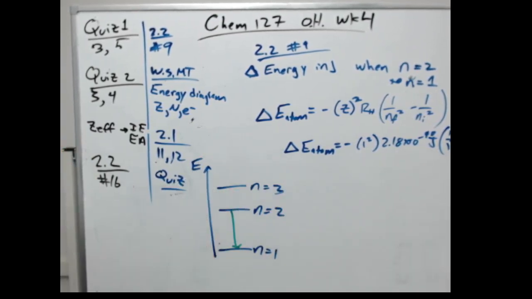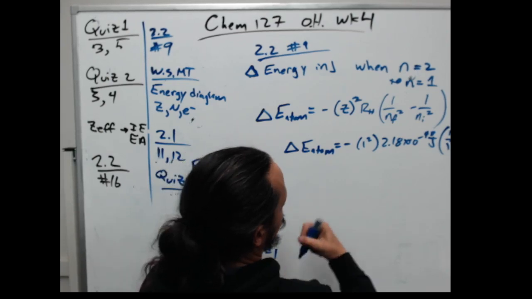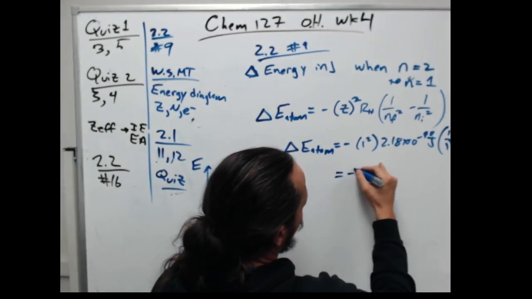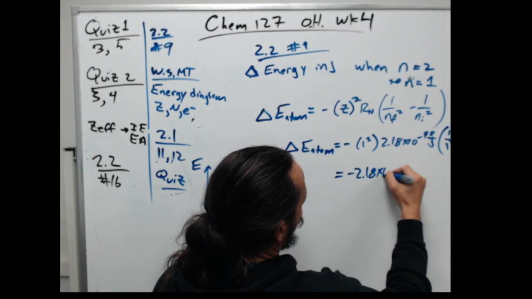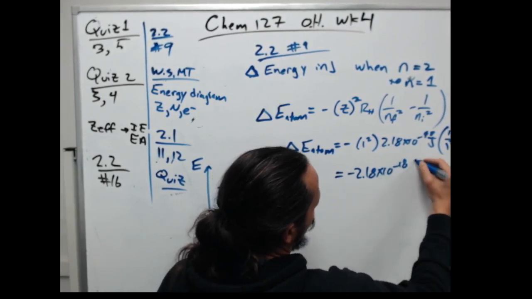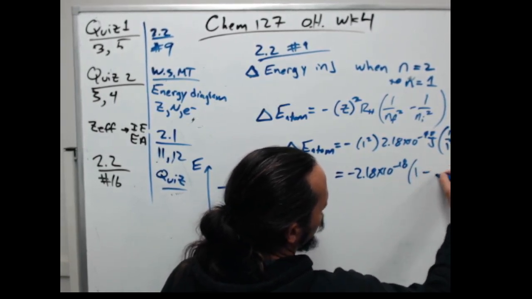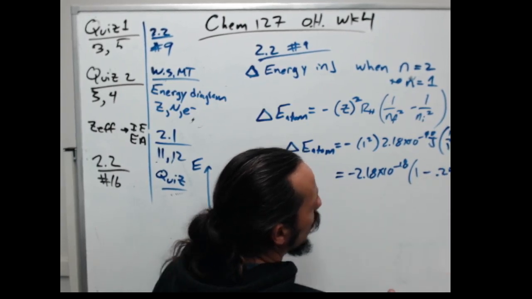Okay, so our change in energy of the atom is equal to -1 squared times 2.18 times 10 to the minus 18 joules. My 18 looks a little funny, sorry about that. Times 1 over 1 squared minus 1 over 2 squared. That's going to be 0.75 times 2.18, right, because it's -2.18 times 10 to the minus 18. This is going to be 1 minus 0.25 because it's 1/4.